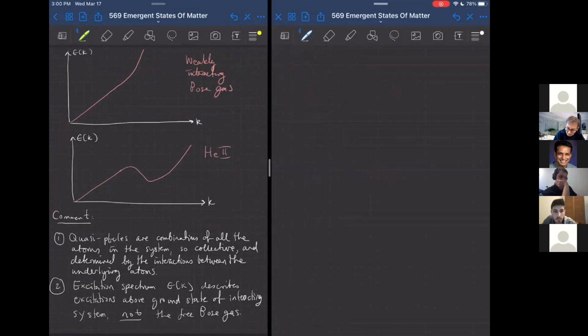Okay, so that's comment number 2. Comment number 3. The result differs from what you get for helium-2, because we only treated a weakly interacting gas.